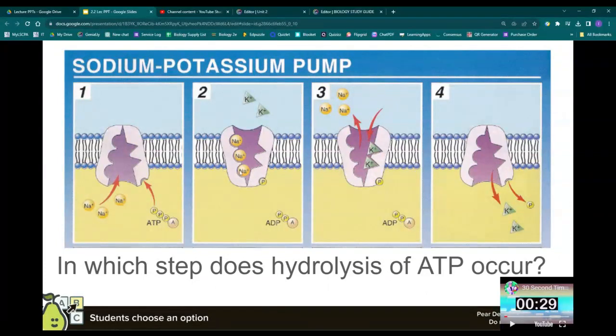Now sodium is no longer attracted in there, it will get rejected, but potassium is now attracted to it. So potassium will join, that phosphate breaks off because it's no longer being used, and we go back to our original orientation, which will reject the potassium but attract the sodium, starting the process all over again. So this is the point where ATP becomes hydrolyzed.